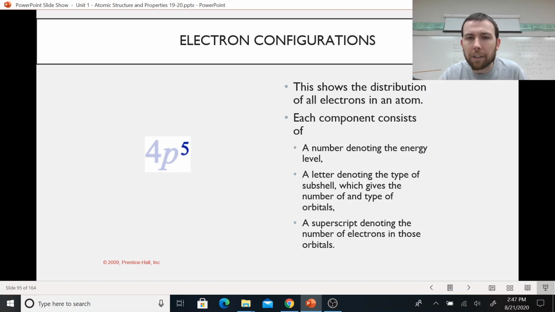So in this case, we're on the 4th energy level, looking at a p orbital that has a total of 5 electrons within those p orbitals. And if we think about where that is on the periodic table, 4p5 would correspond to bromine, right? That would be the final component of bromine's electron configuration, 4p5. I hope that makes sense.